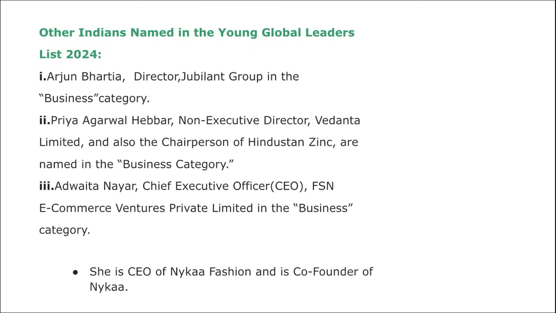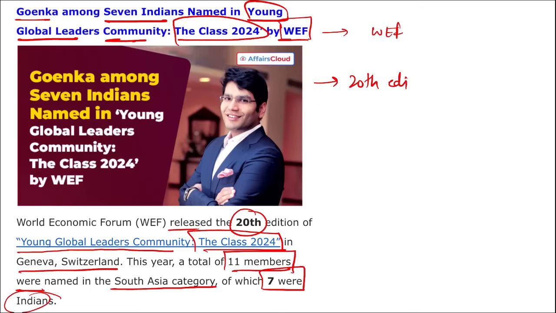Then the Indians, if we are talking about, we have seen here. First is Shashwat Goenka. Right? He is the vice chairman of RP Sanjeev Goenka Group. Correct? And he was among the 4 Indians selected from the business category in the list of young global leaders, and a total of 7 Indians were selected here.